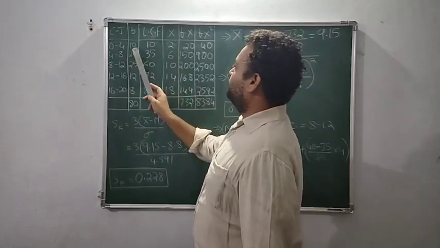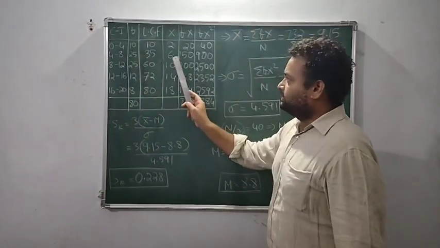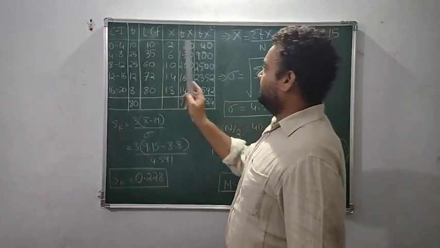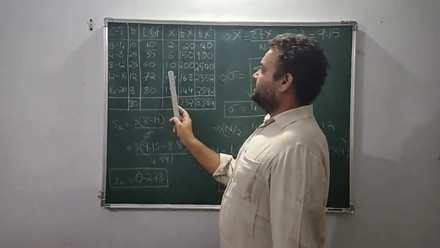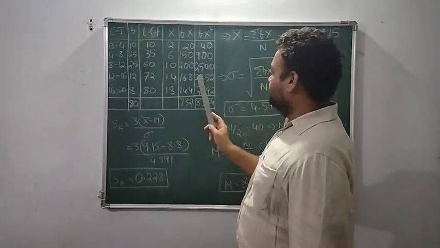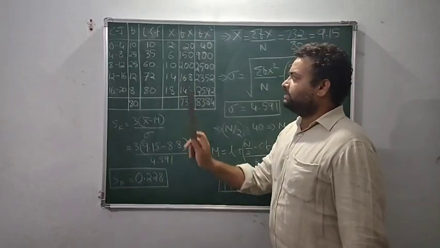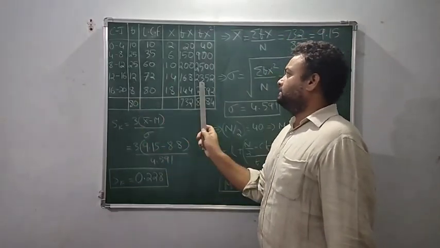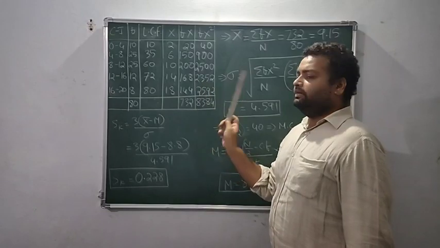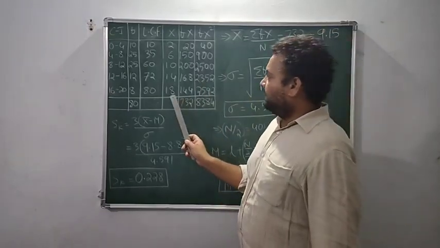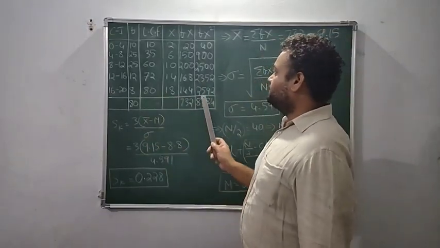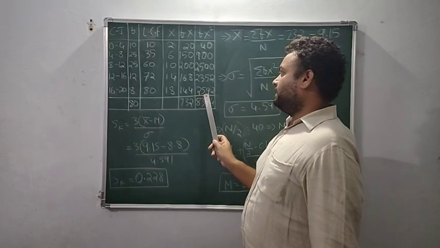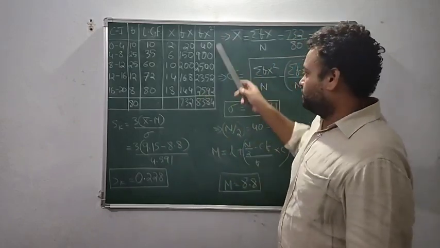So 2 square is 4, 4 into 10 is 40; 6 square is 36, 36 into 25 is 900; 10 square is 100, 100 into 25 is 2500; 14 square is 196, 196 into 12 is 2352; and lastly 18 square into 8 results in 2592.